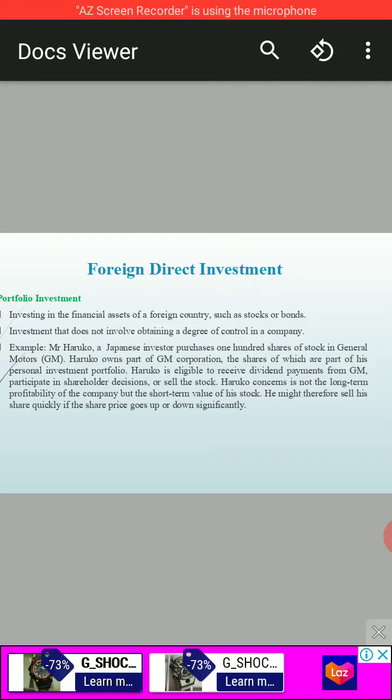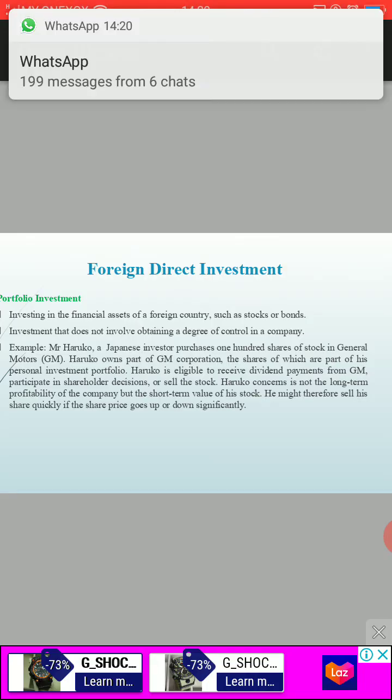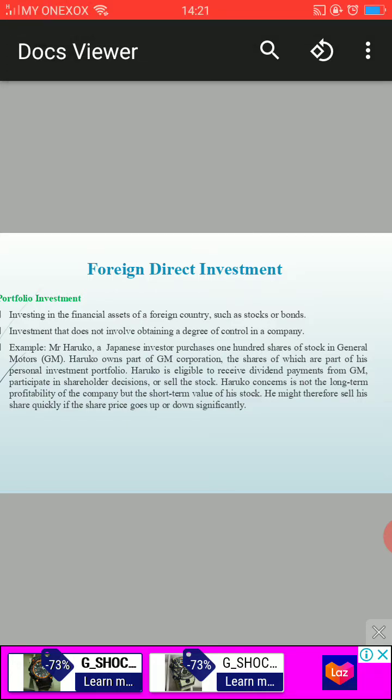So it means here Mr. Haruko is the shareholder. He does not need to be involved in managing the company. He can either sell the stock or buy more stock anytime. So he doesn't have any long-term commitment to the company.